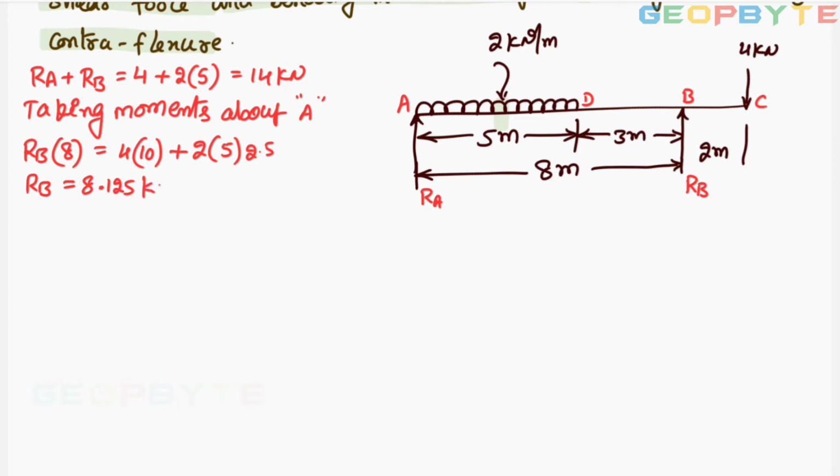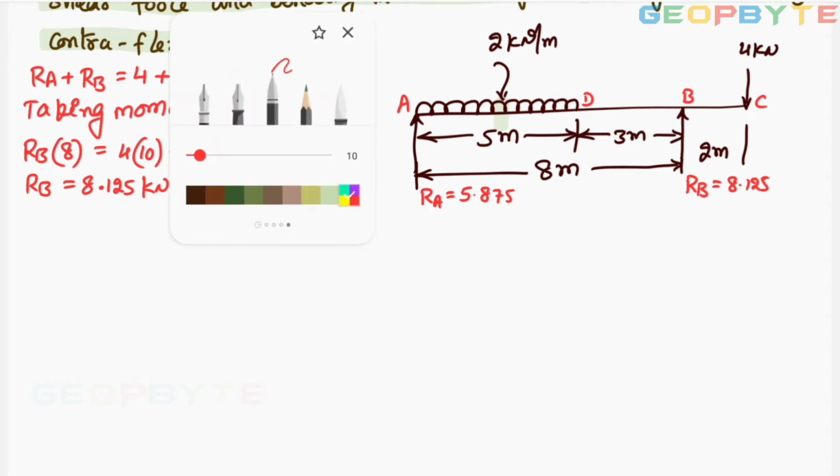Whereas RA equals 14 minus 8.125, that is 5.875 kilonewtons. Once again, RA equals 14 minus 8.125. RB I got is 8.125, whereas RA I got is 5.875. Right.